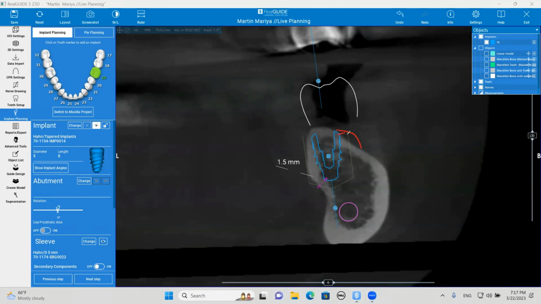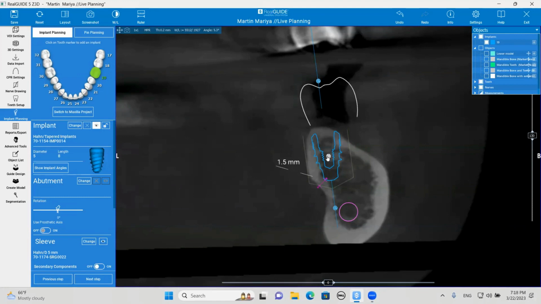Ideally, you decorticate it a little bit and put some autograft with a little bit of allograft, put a collagen membrane over top of that, and I think you should be fine. If the buccal aspect of that implant was actually more exposed, then I would probably push you more towards a ridge augmentation first.